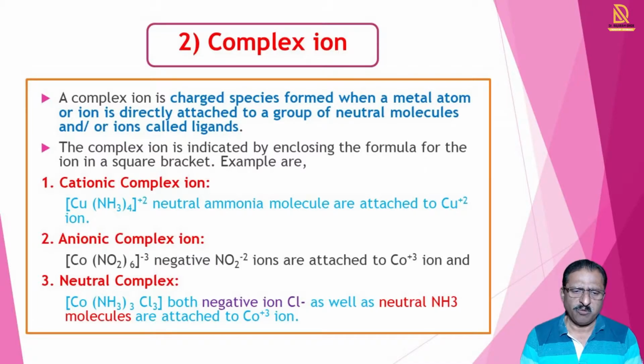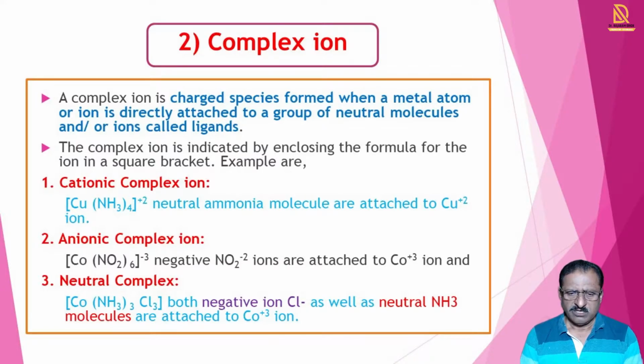Now the third type of complex, the neutral complex. A neutral complex means there is no charge on the complex; the positive and negative charges are balanced and the total is equal to 0. We take the example [Co(NH3)3Cl3].